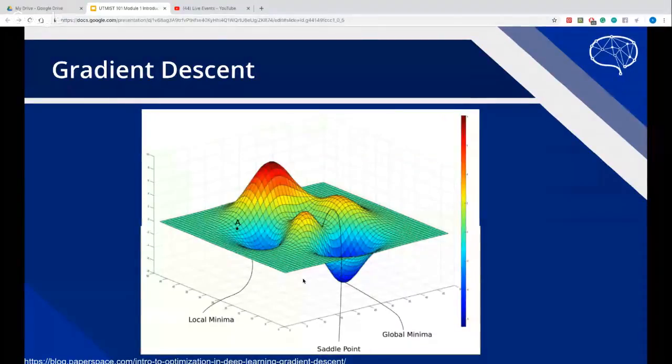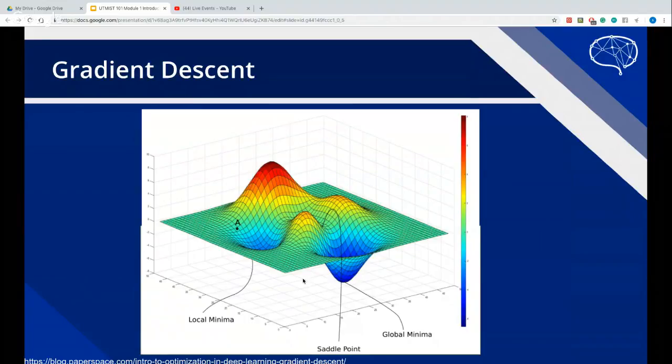Does anyone here know what a convex function is? Basically, a convex function, in short, means that if you find a local minima, it is the global minima.